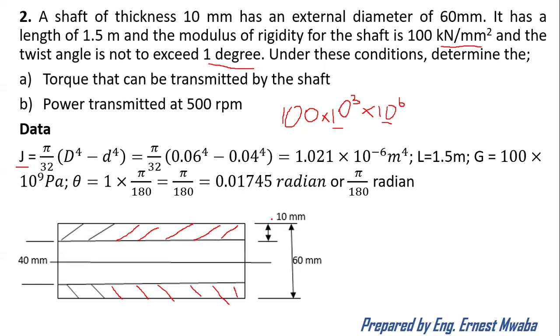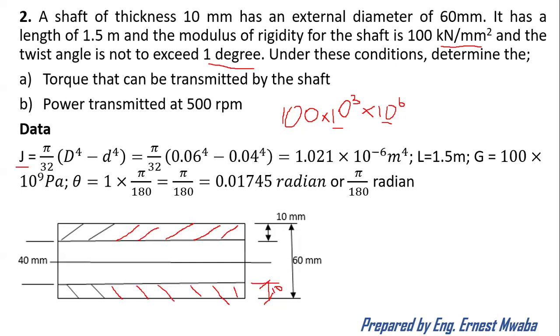The thickness we've been told is 10 millimeters, meaning that even below here, what I have below here is also 10 millimeters. If this is 60, then I have 10 here and another 10 millimeters here. How do I find now what is in the middle? I just subtract this 60 minus these two 10s.